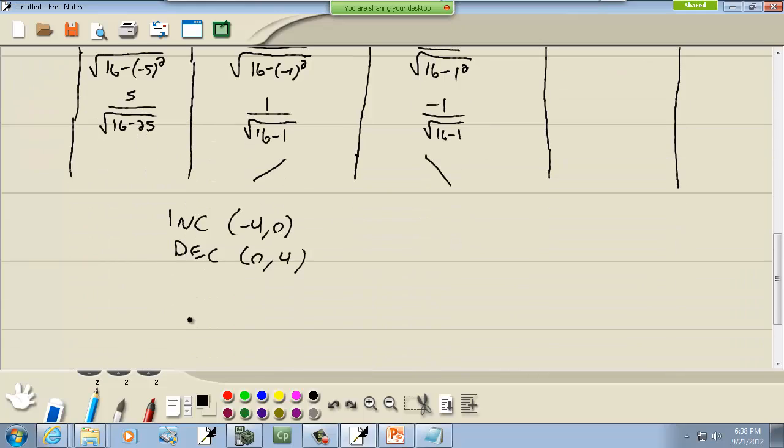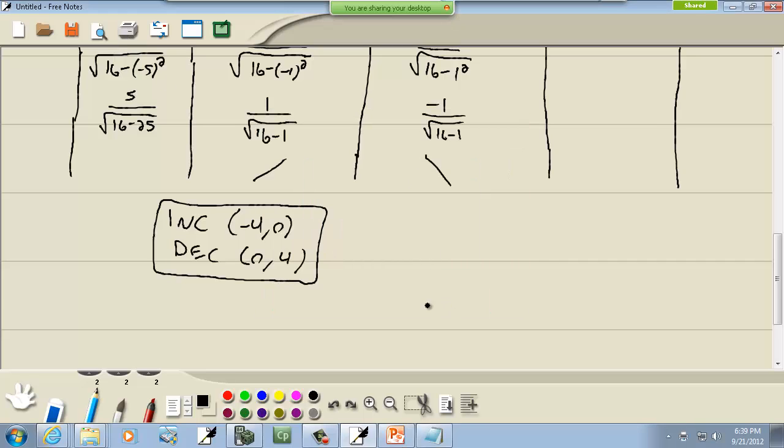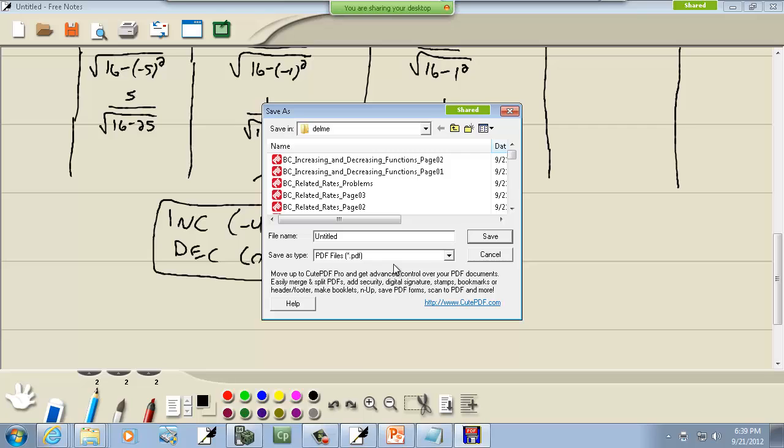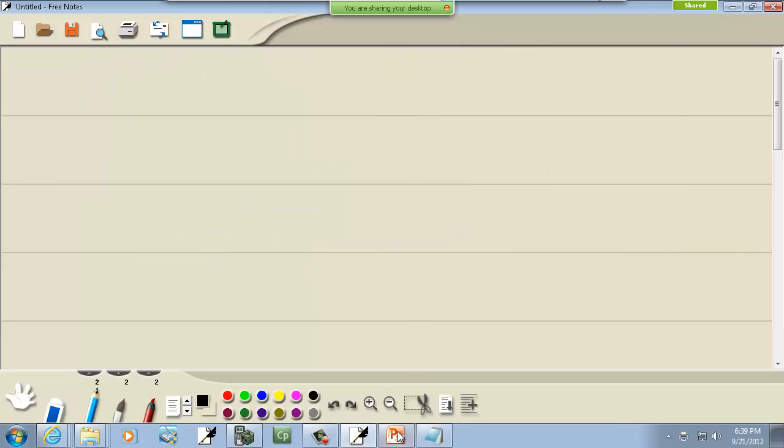And those would be our answers. Now we could look at our graph to verify that, but I think you saw enough of that with the first one in terms of the verification. So let me save this. And let's look at our next example.